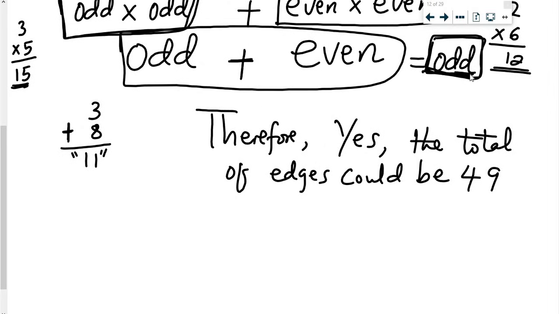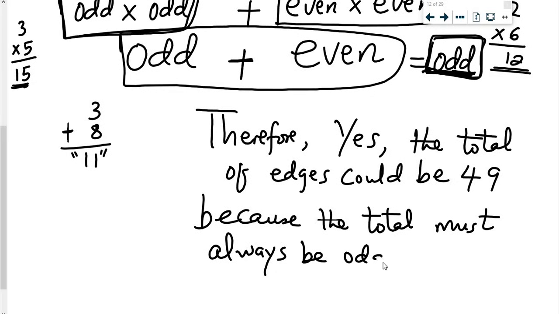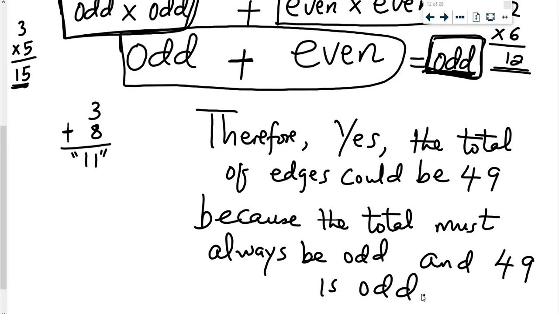Because I got the overall answer odd. So because the total in this case must always be odd, and 49 is odd.